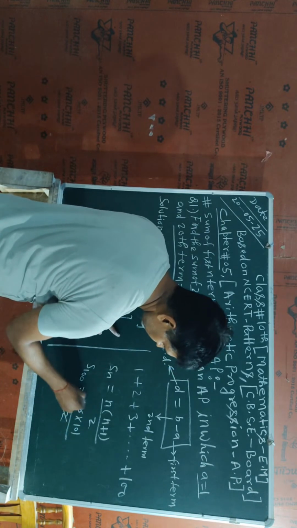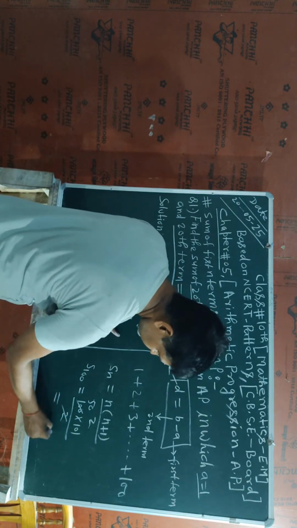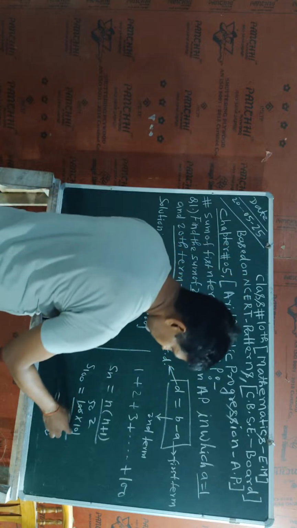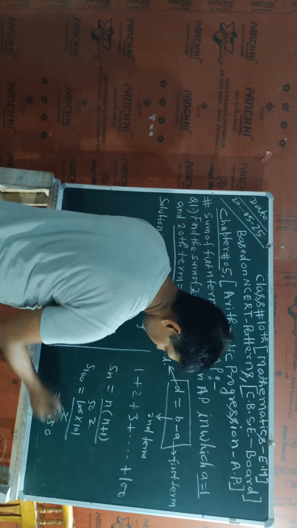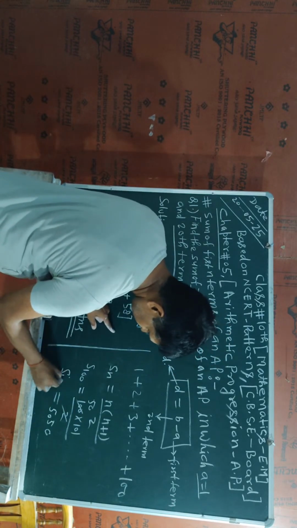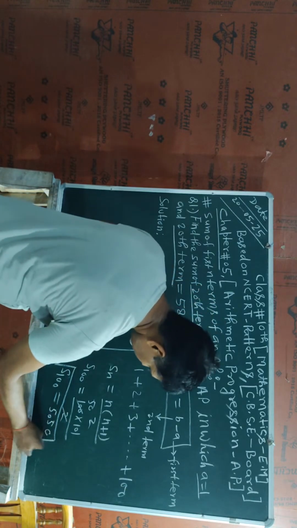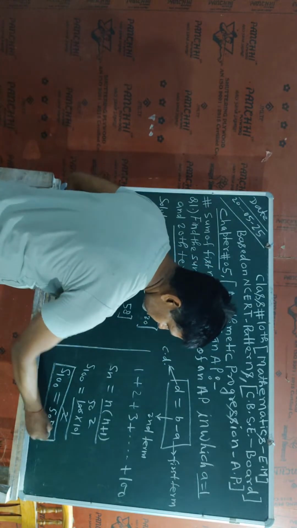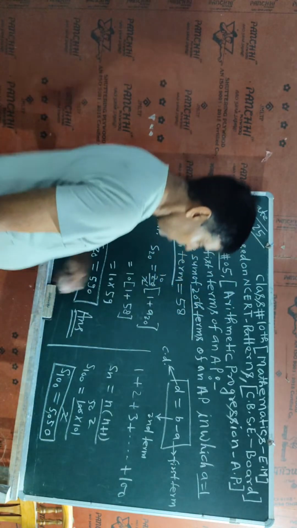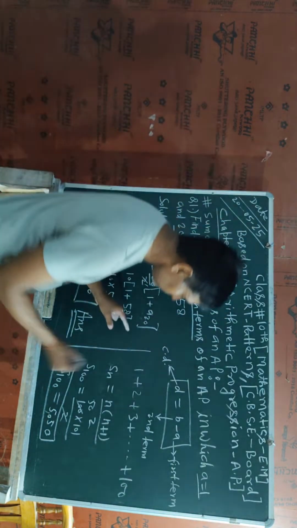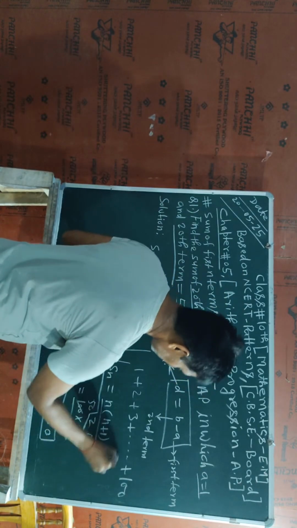Dividing, 100 by 2 gives 50, and 50 into 101 gives 5050. So the value of S100 will be 5050. If you remember the formula, it will be very easy to solve any question.